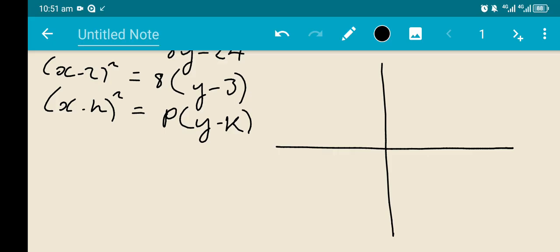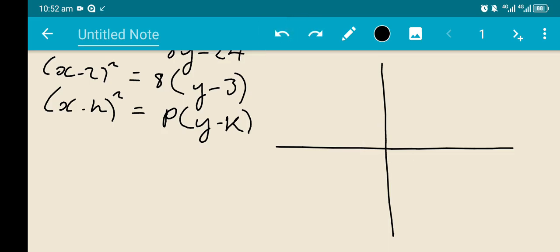Let's first find the origin since it's shifted. If we say the p is located at 8 and start from here and move 8 units, we would think the p is located here. That would be wrong. The parabola is not centered at 0 comma 0.